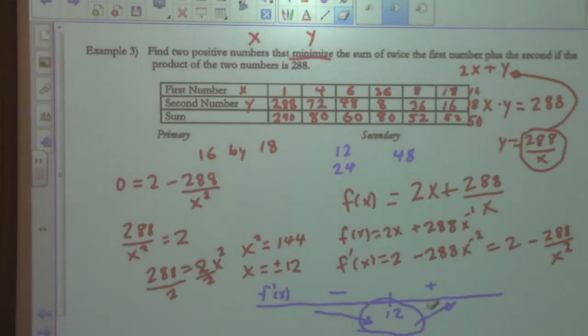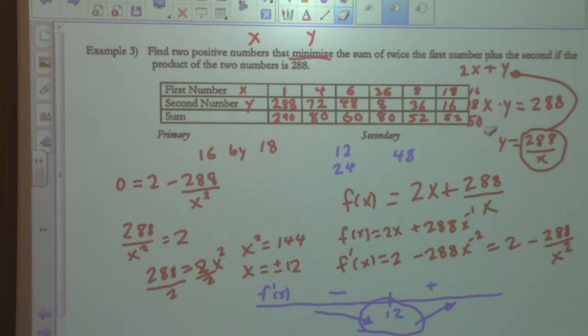Okay, so here's another one. Find two positive numbers that minimize the sum of twice the first number plus the second, if the product of the two numbers is 288. It's the same type of thing here.